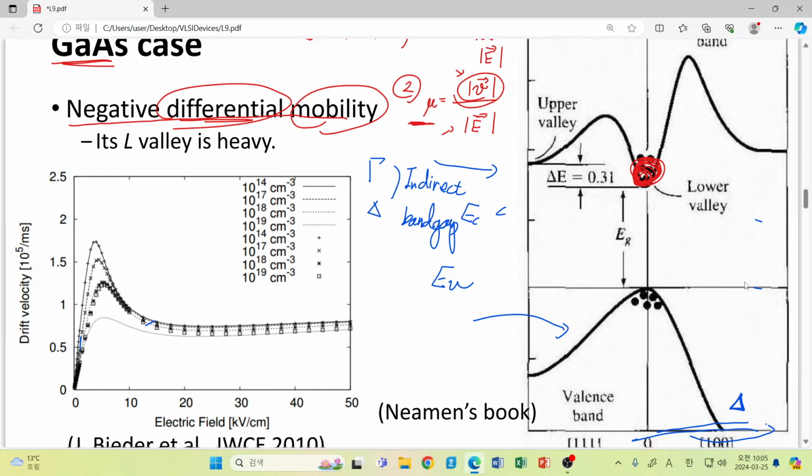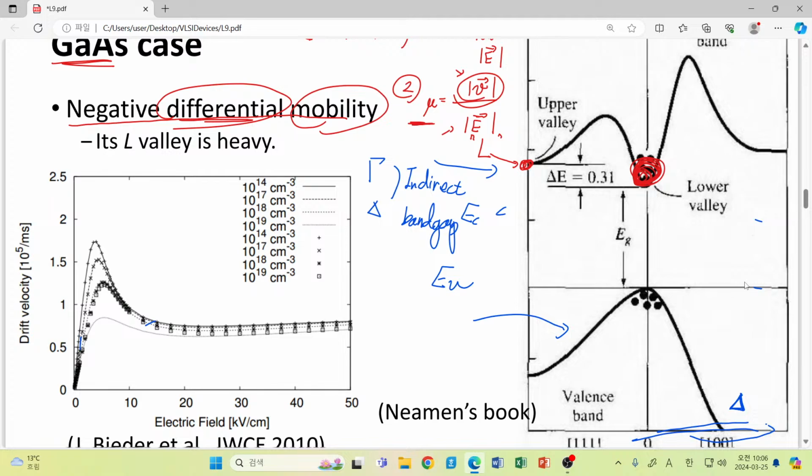And the second lowest one can be found at this point, and this is called the L valley because its minimum value is located at the so-called L point. I want to say that silicon also has an L valley.